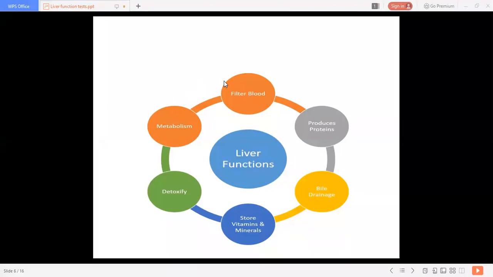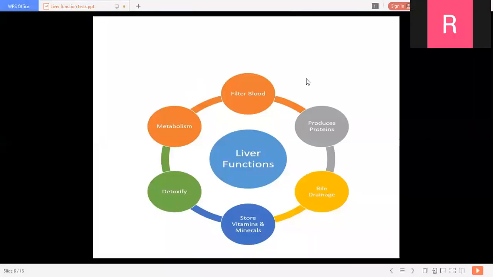So these AST and ALT levels are very important to evaluate the functions of the liver, and any damage to the liver. AST is present in a wide number of tissues, in various other organs other than the liver, that is heart, kidneys and brain.